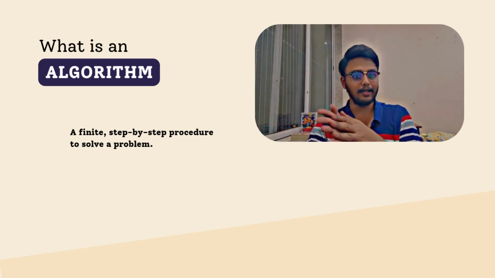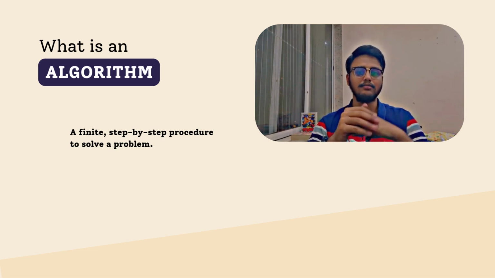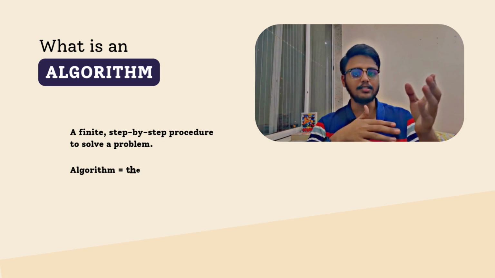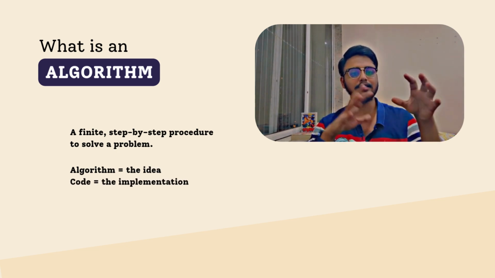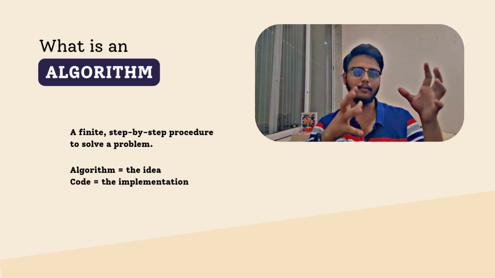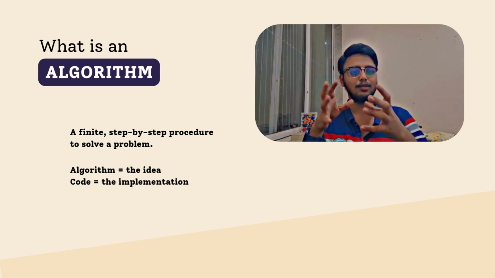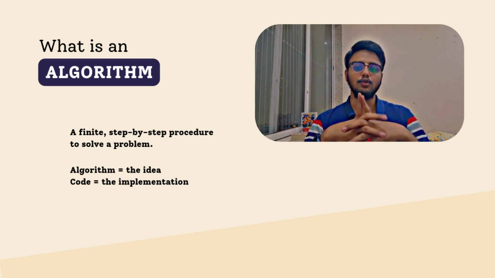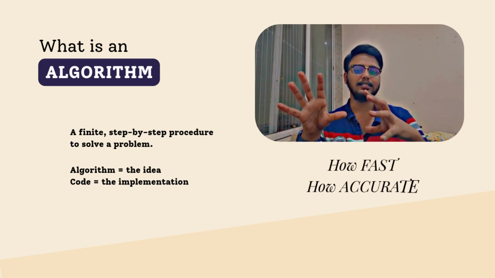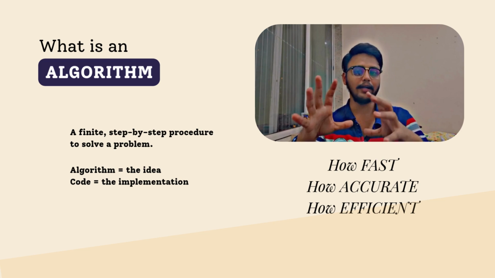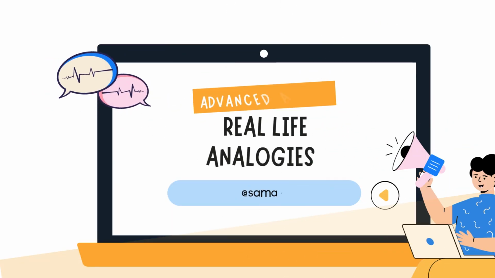Whether we are sorting numbers, which we will look at in further videos as well, finding the shortest path or training a machine learning model, everything requires a certain logic behind it, and when this logic comes in coded form, it is known as an algorithm. To keep it in simpler words, an algorithm decides how fast, how accurate and how efficient the solution is ultimately going to be.